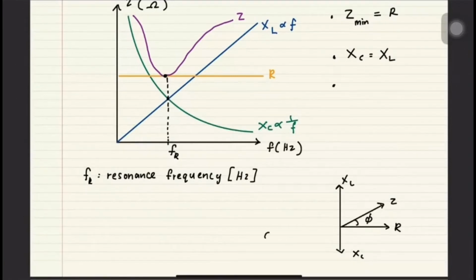So your cos phi is actually equal to adjacent over hypotenuse. So that means this one is R over Z. At this particular point, R is equal to Z.